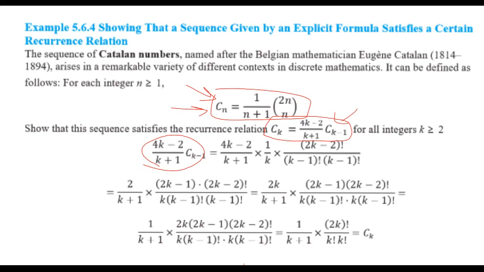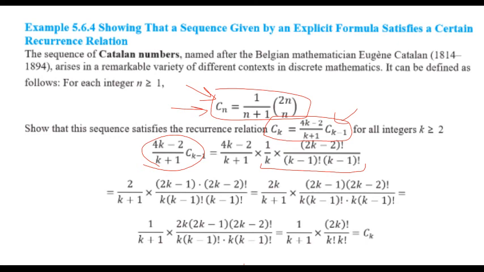So as you see, I replace C sub k minus 1 with its equal value, which is 1 over k times 2k minus 2 choose k minus 1.